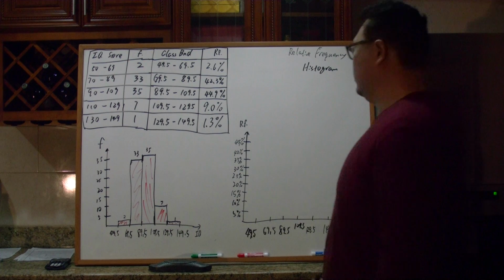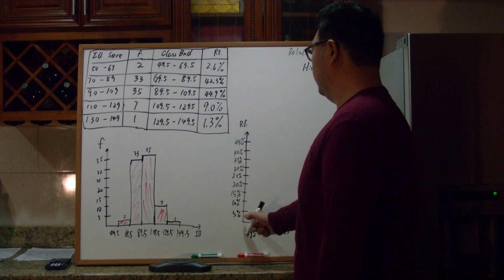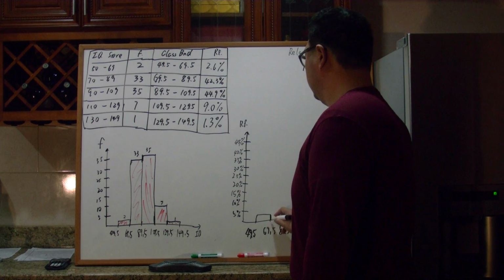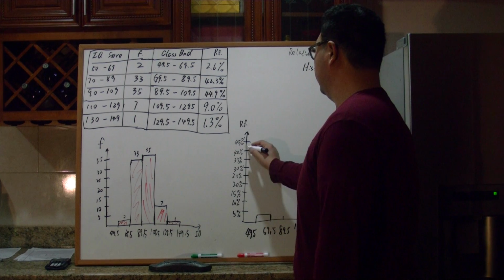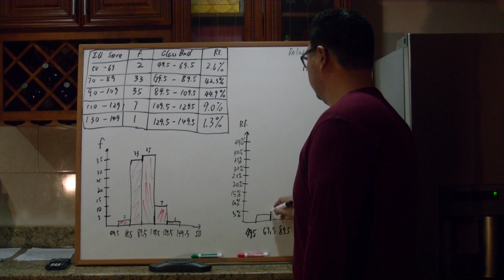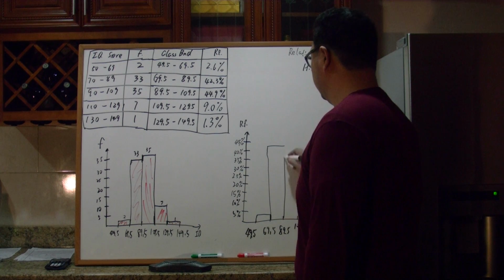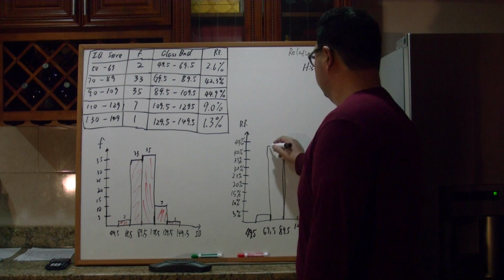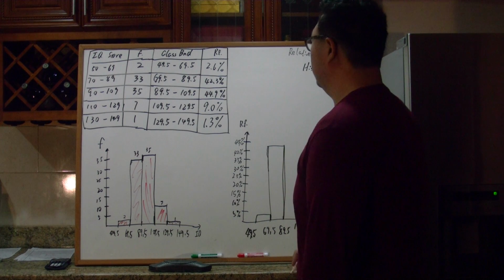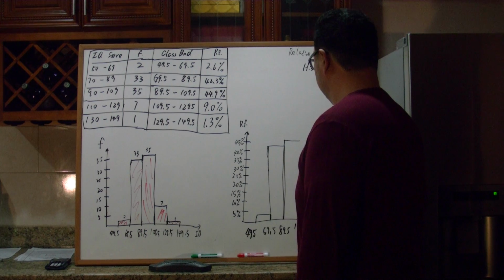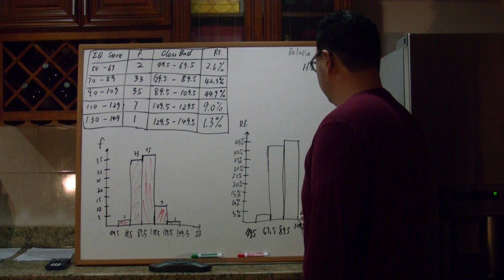Then we go to the table. 2.6% is a little bit similar to 2.5. 42.3, let's go up to maybe 42 somewhere. Then go up to 44.9, which is about 45.